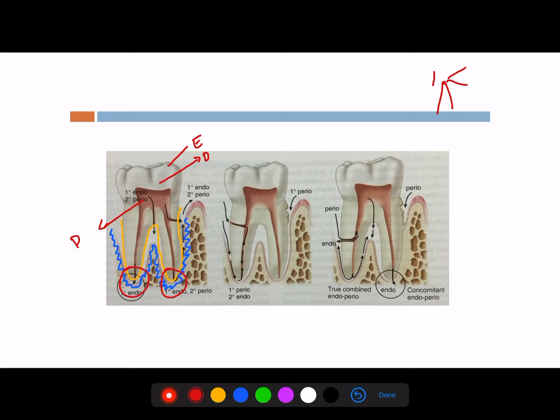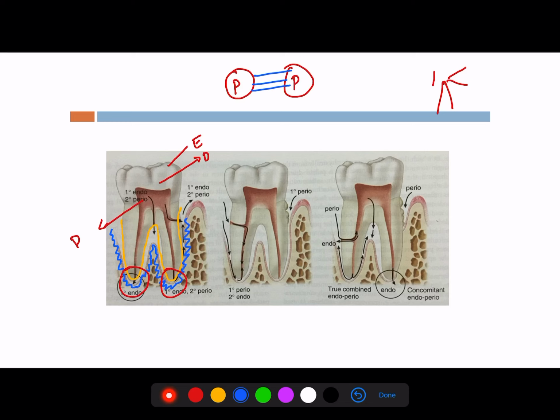Now we are talking about the relationship of pulp and periapical. Here you have pulp and you have your periapical tissue or periodontium. First of all we need to talk about what communications are present.